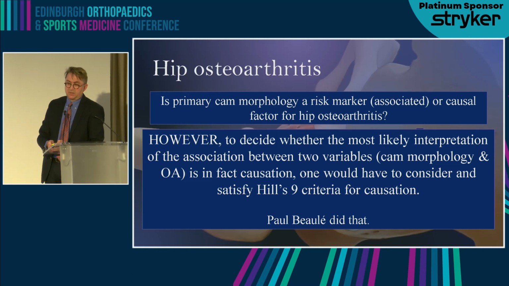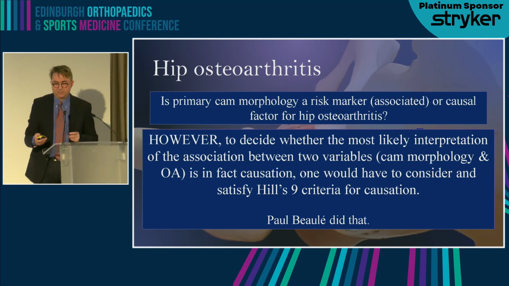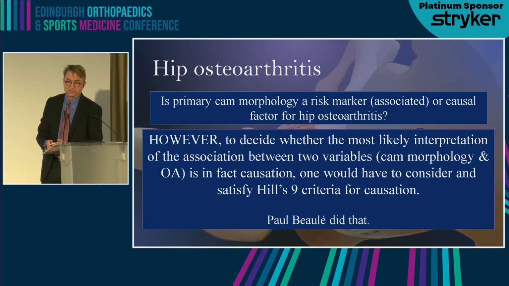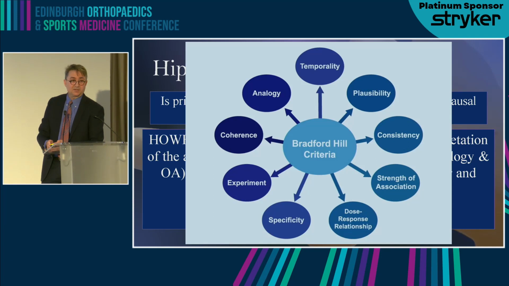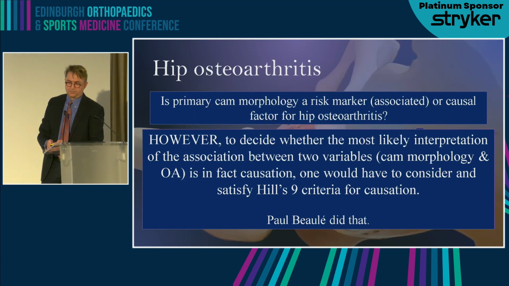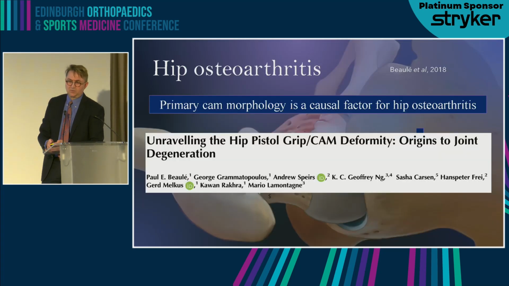To decide whether the most likely interpretation of the association between two variables, cam morphology and OA, is in fact causation, one would have to consider and satisfy Hill's 9 criteria for causation. And just to remind you, these are Hill's 9 criteria for causation. And this is exactly what Professor Paul Boulay did in a wonderful publication, Unraveling the Hip Pistol Grip Cam Deformity.